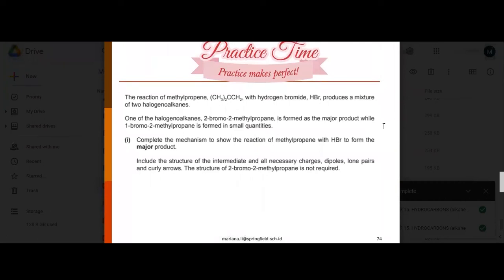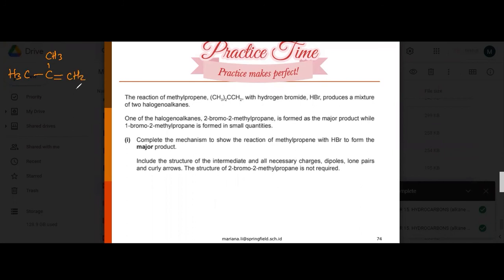Okay, let's read this practice question first. Let's draw the methylpropene. Methylpropene: CH3, two times C, so it will be like this, and then this is CH2.